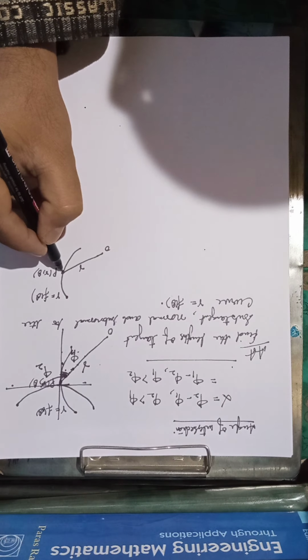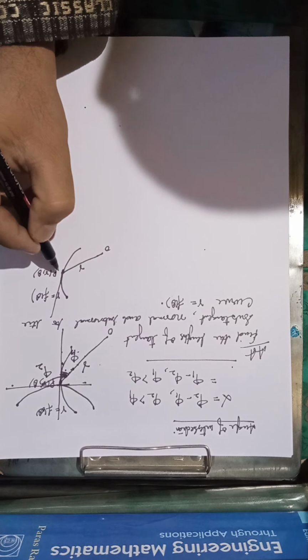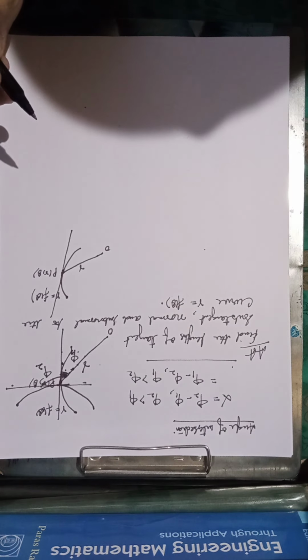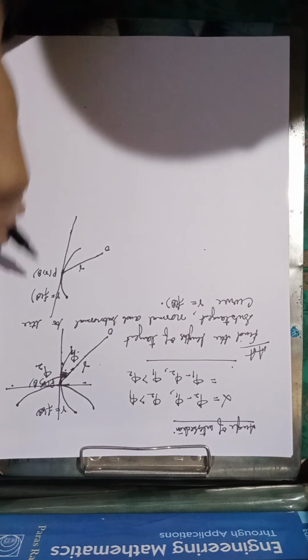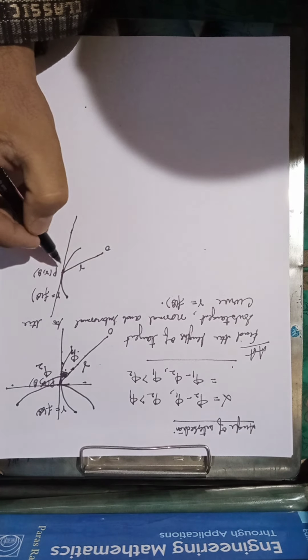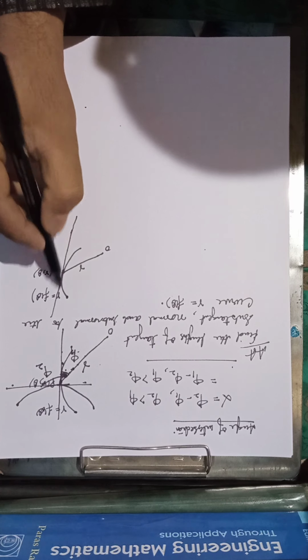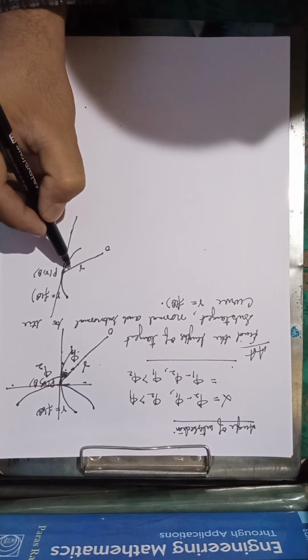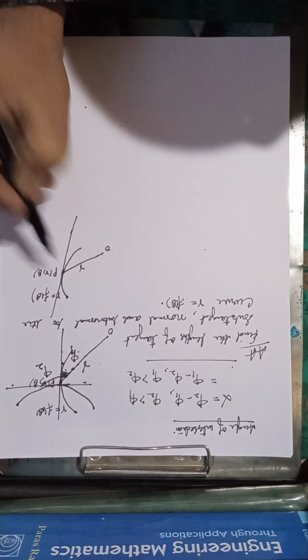Let this be the tangent to the curve at P. You have seen that this is the tangent to the curve at P, this is the radius vector, and this is the angle phi between tangent and radius vector.